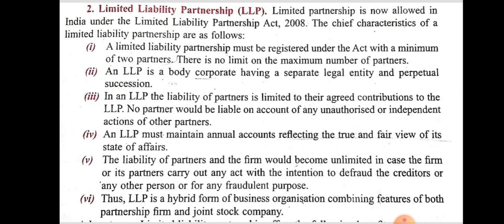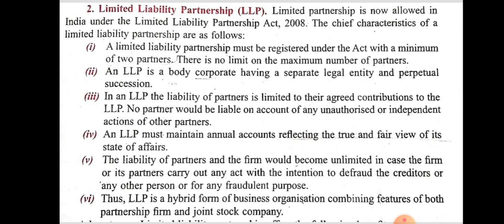But if any of the partners try to do any fraudulent act with the creditors, now creditors and suppliers are the ones from whom they take money, so if they defraud or cheat the creditors, then what will happen? The liability of the partners of the firm will become unlimited.